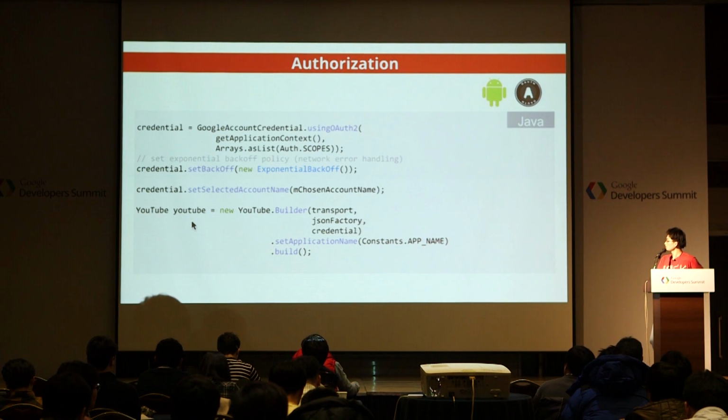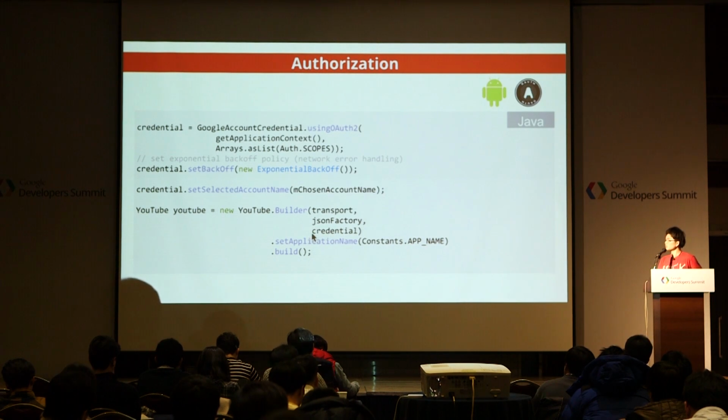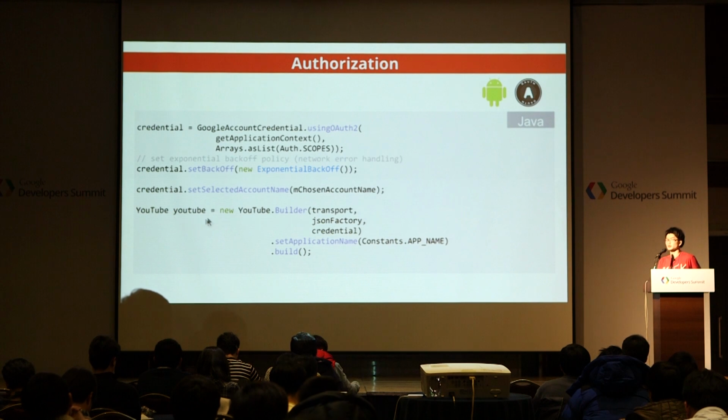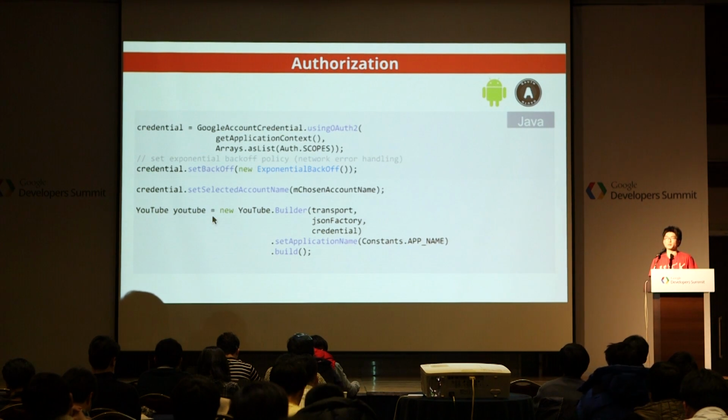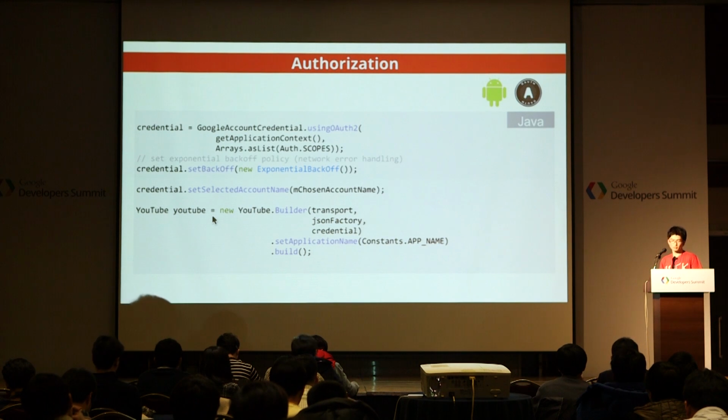Then you can pass this credential to the YouTube service builder here. With this YouTube instance, you can call any method like video insert, video update, search, or any other YouTube API.